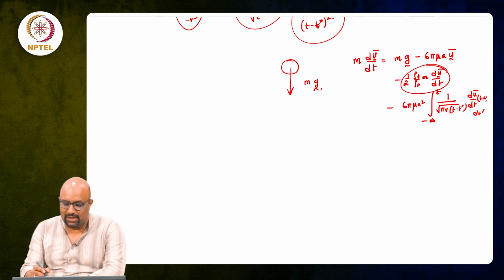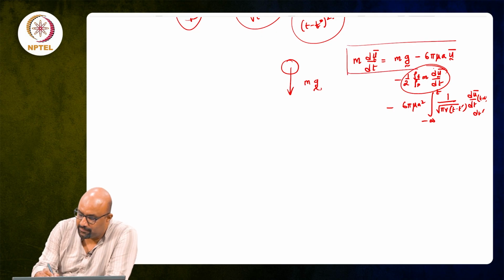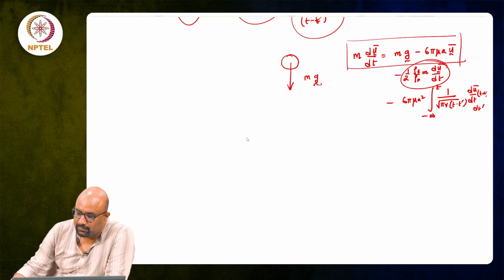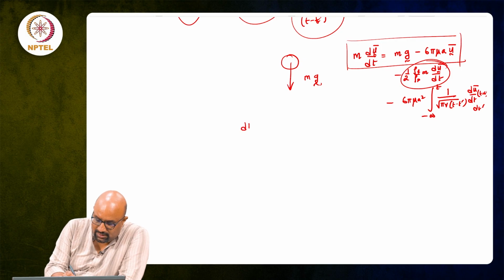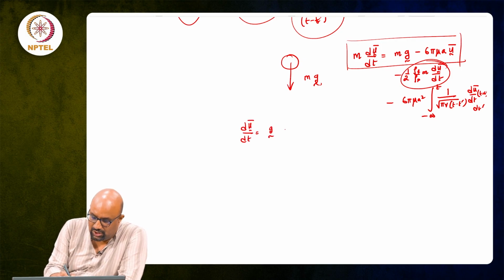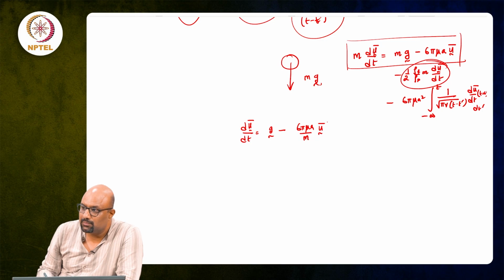Now, if you just did the calculation with Stokes drag, your equation is du dt is equal to g minus 6 pi mu a by m, right.